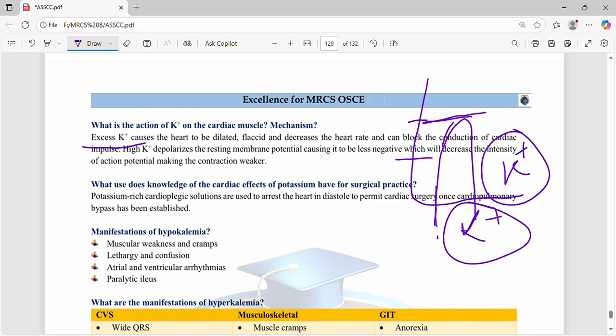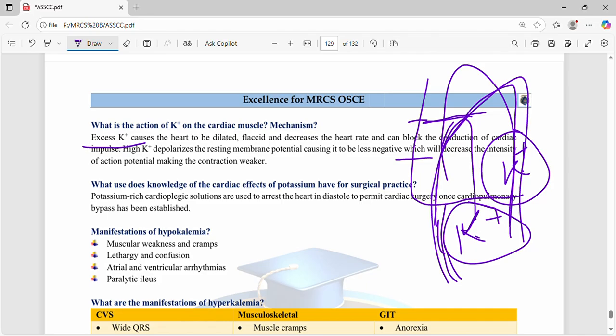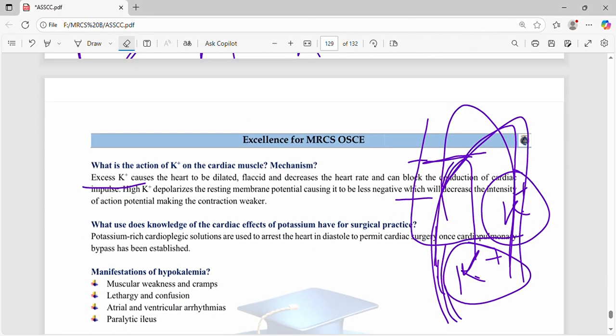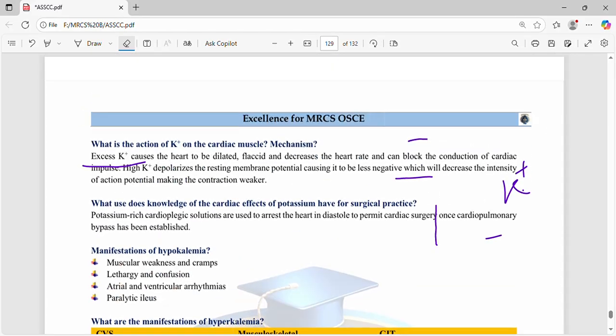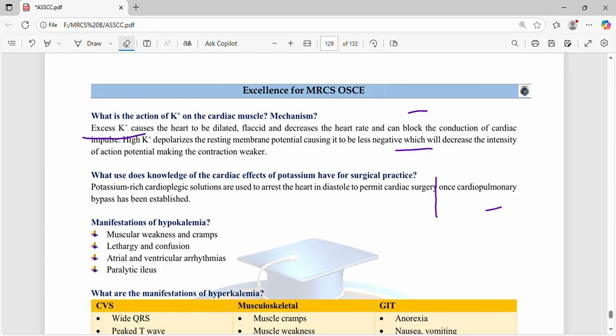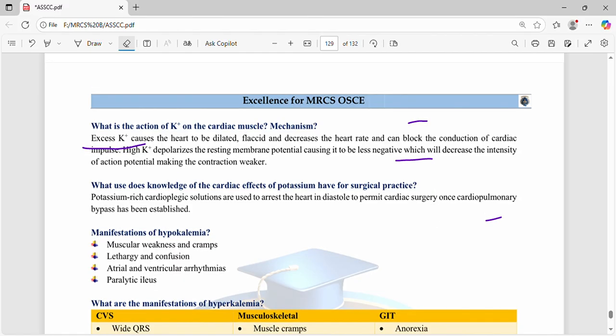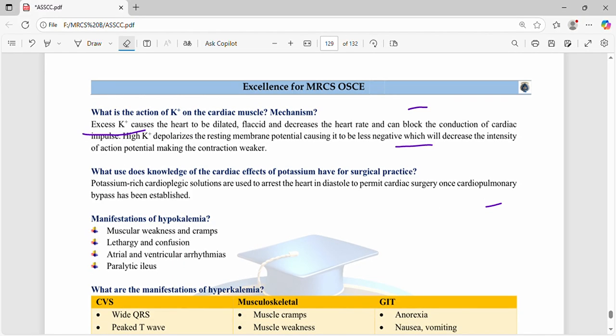So if potassium inside is high and outside is high, there will be a lot of work to carry out the action potential. So the threshold gets high for the stimulation of the cardiac impulse or cardiac contraction.